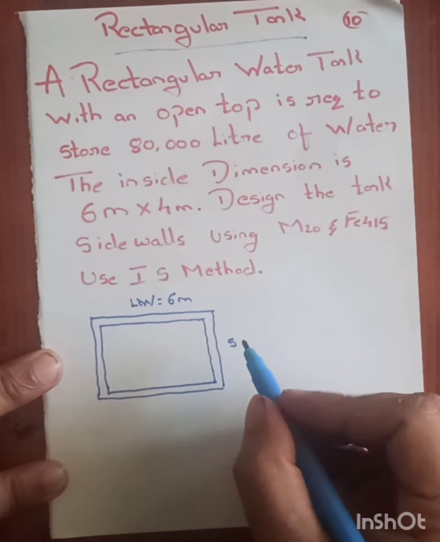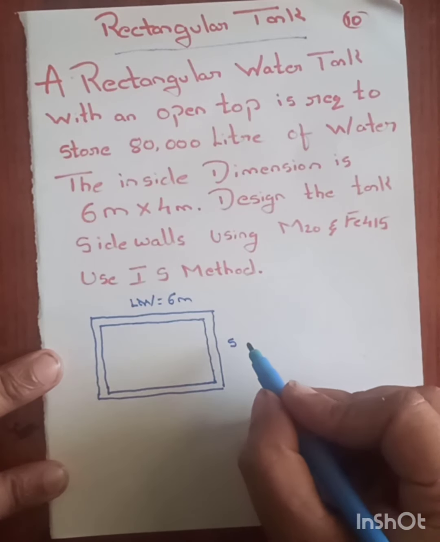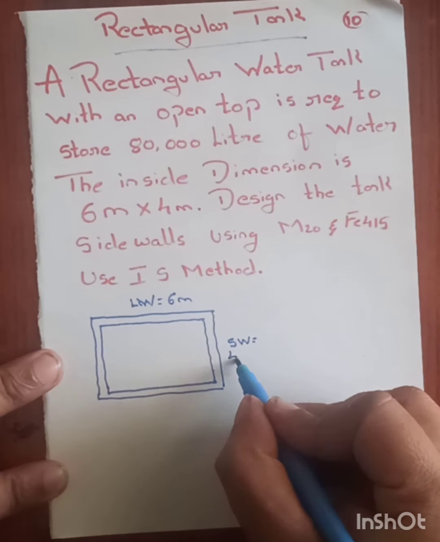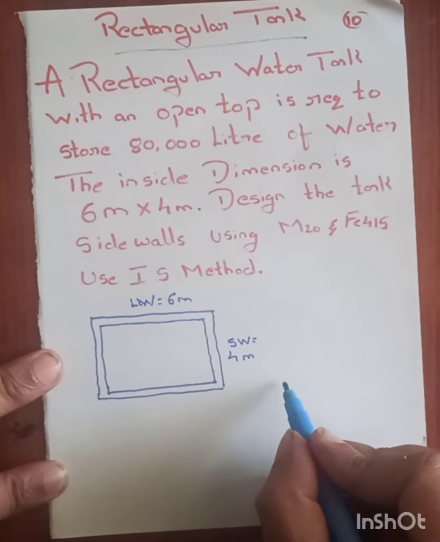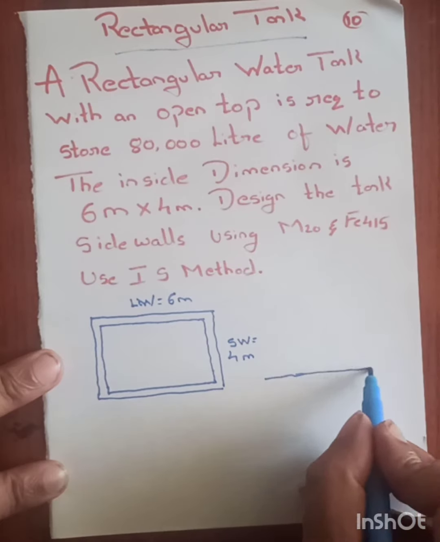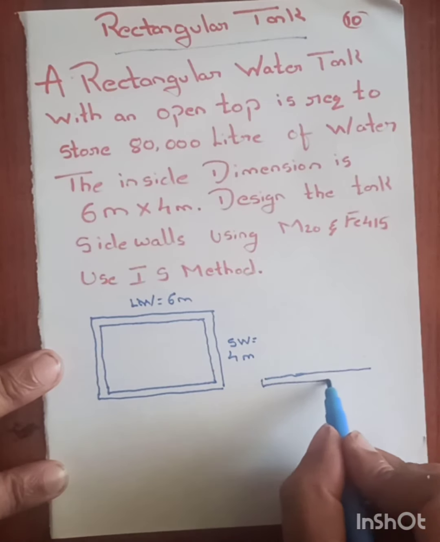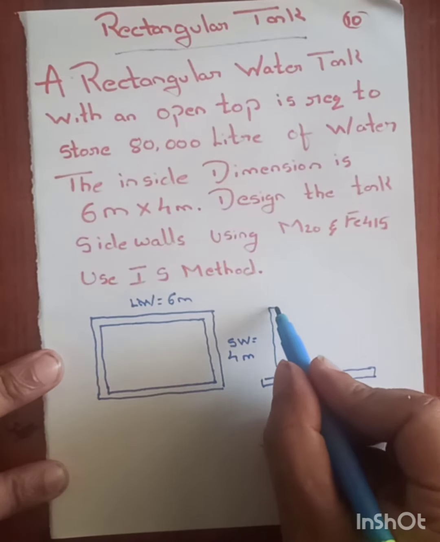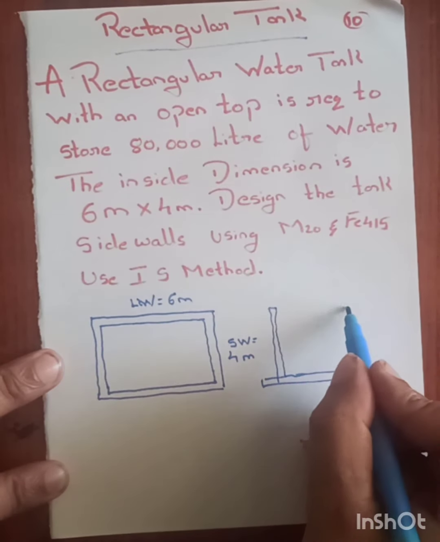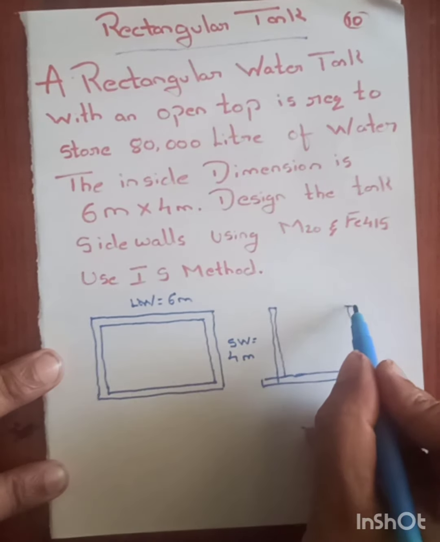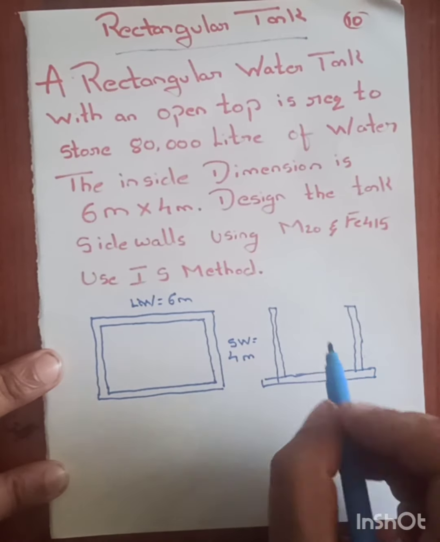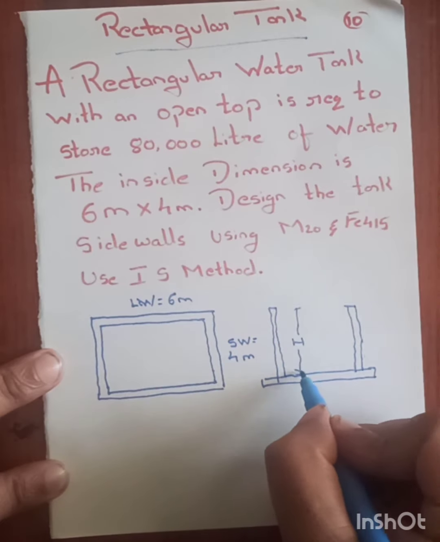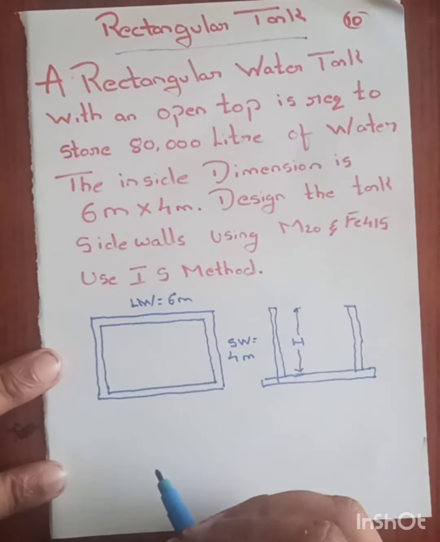This is the short wall, which is 4 meters. When we see its cross section, it is like this. So this is the height, which is not given, we need to find.